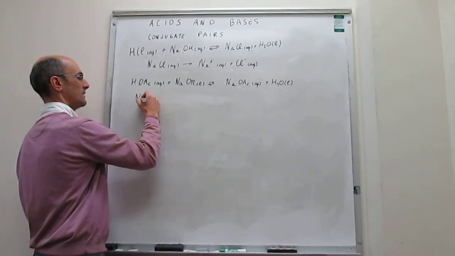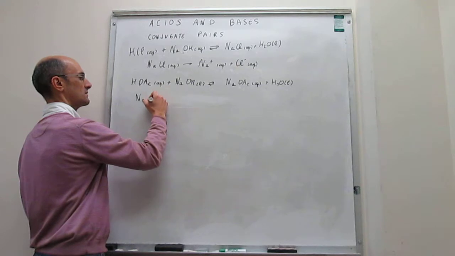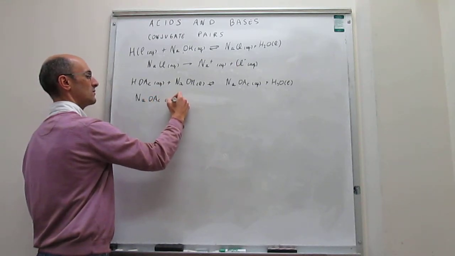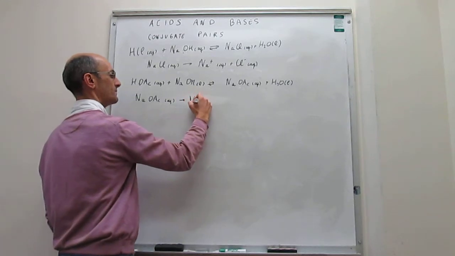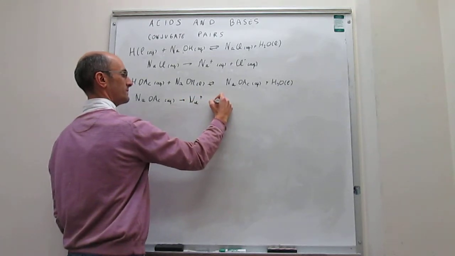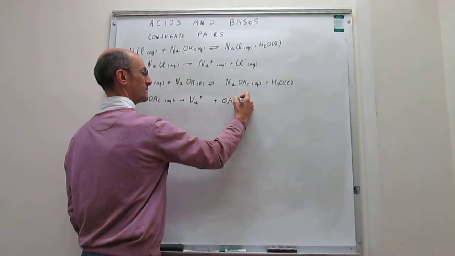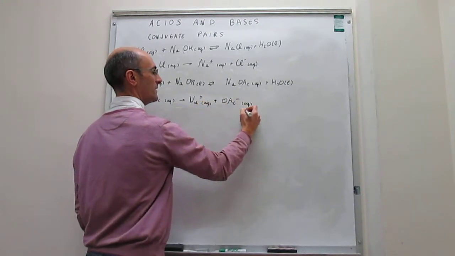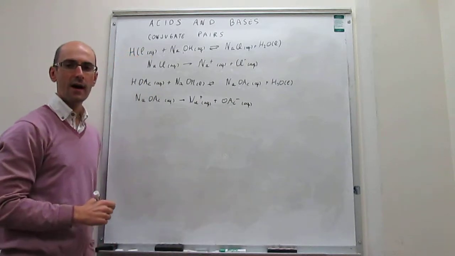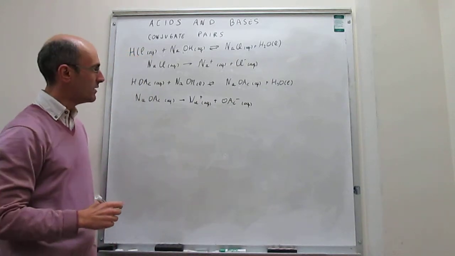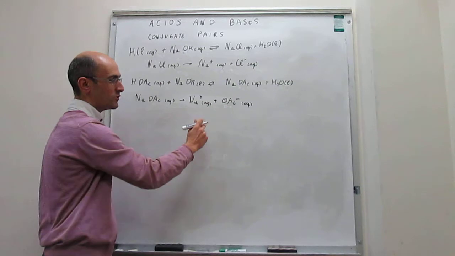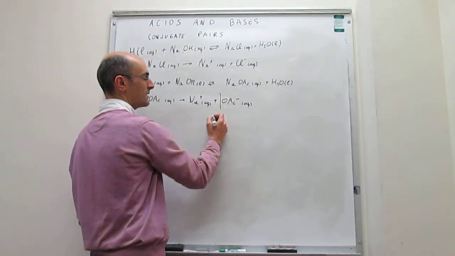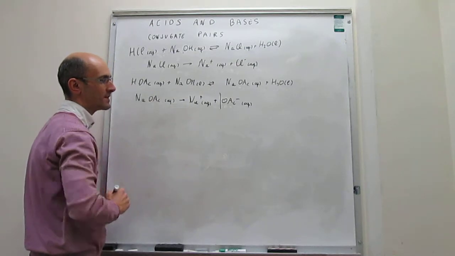Well, it turns out that salt, sodium acetate, dissociates into sodium and acetate ions. But the interesting thing here is that these acetate ions have acid-base properties. Notice that the acetate ion is the conjugate base of a weak acid. Okay, and that confers it some interesting acid-base properties, right?